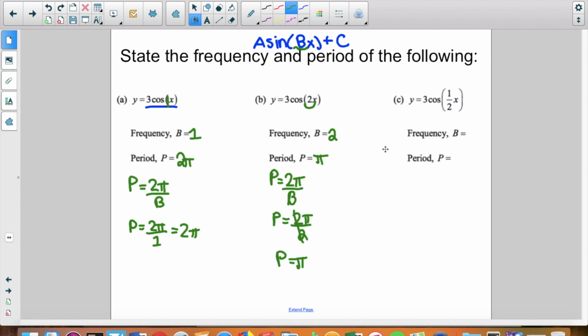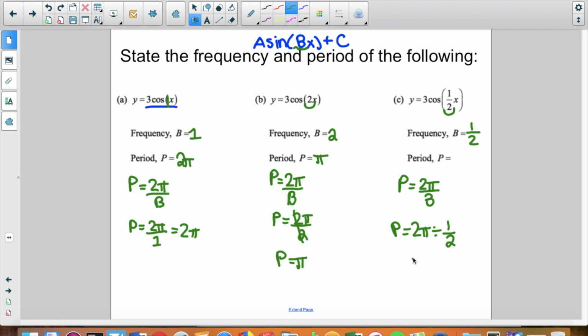Okay, now looking at the last example, our frequency is the number in front of x. The number in front of x is 1/2. So we're using the formula 2 pi divided by b. Now, since b is a fraction, I'm going to be writing this a little differently. I'm going to be writing 2 pi and then the division symbol, 1/2.